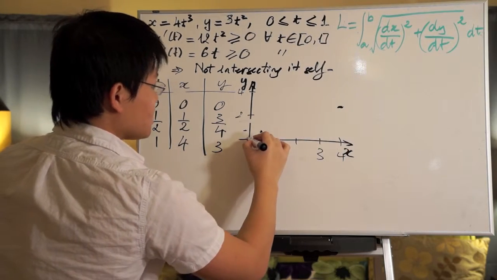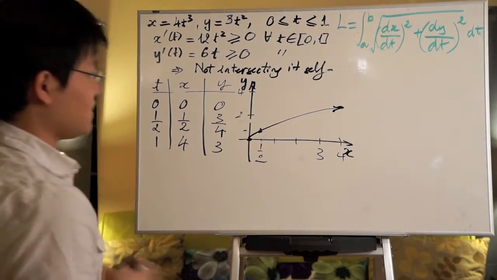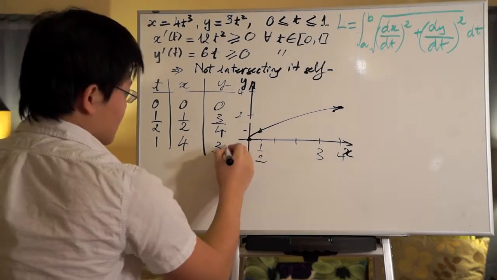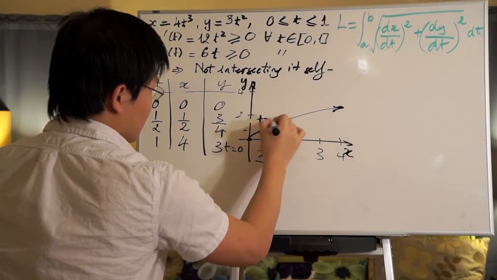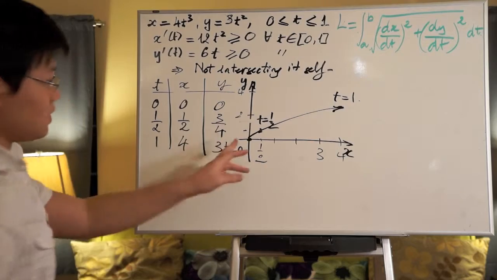Right. So you know that it does something like this. There's the curve. So at this point t equals 0, t equals 1/2, and t equals 1. All right. So it goes like that.